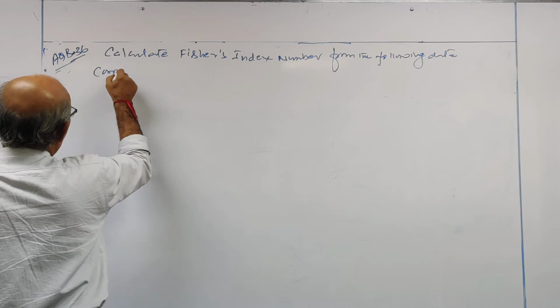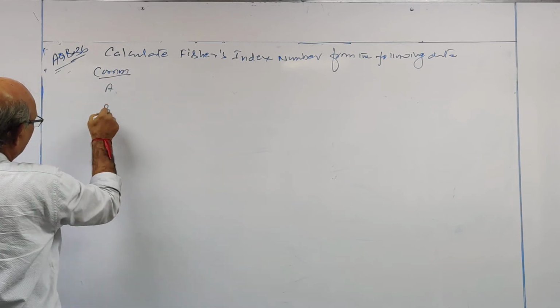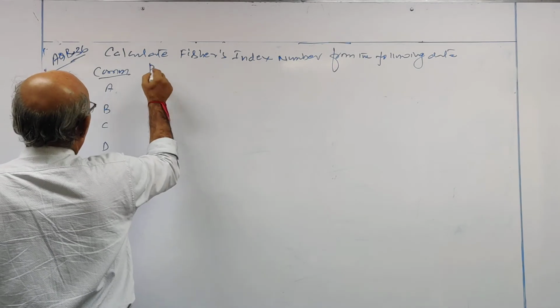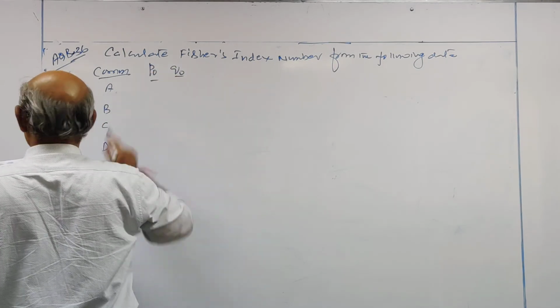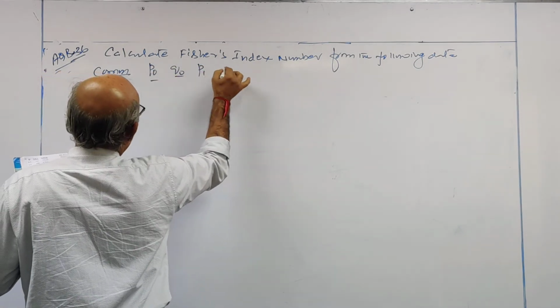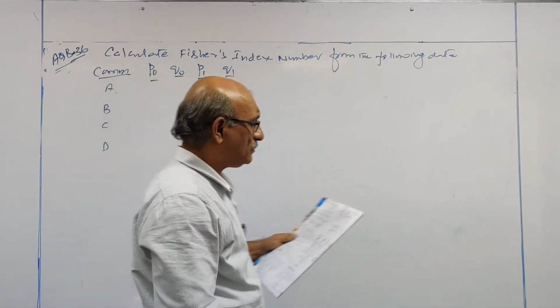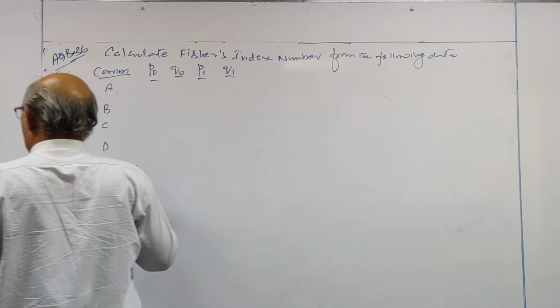We have a group of commodities A, B, C, D. Base year price, base year quantity consumption, current year price, current year quantity consumption are given in the question.